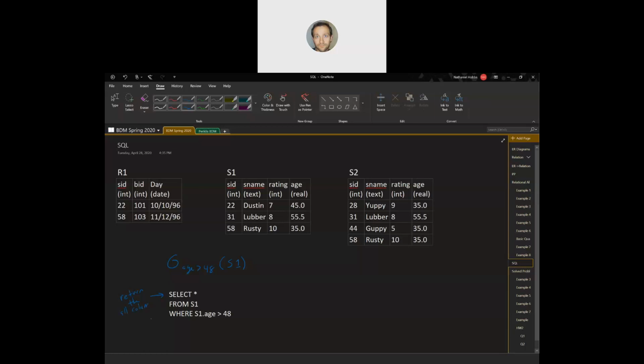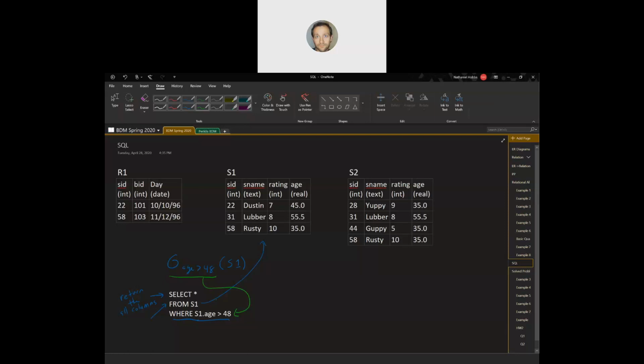The from, this is from which table? So this is pointing to the S1 table. And the where is what this select actually corresponds to. So the select in relational algebra corresponds to the where. The where is the filter.